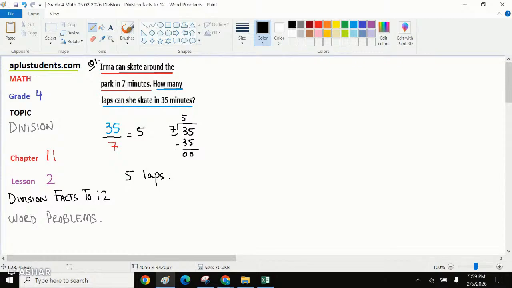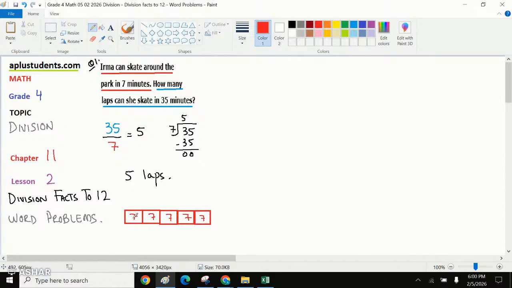Or if we want to do the basics, what we say is, if she took 7 minutes per lap, 7 minutes each, then she took another 7 minutes, then another 7 minutes, and 7 minutes, right? That means 35 can be broken down into 7, 7 and 7.